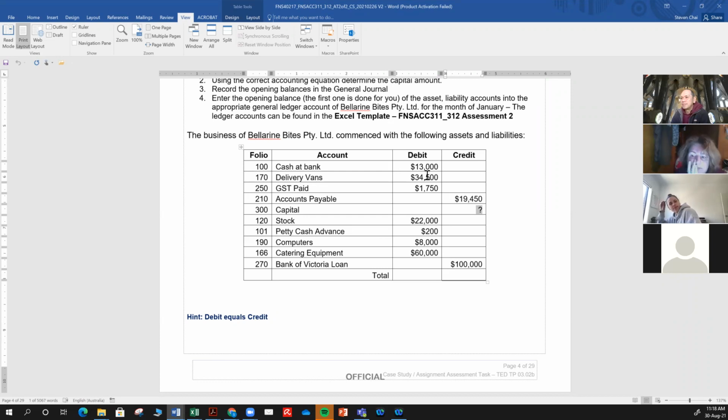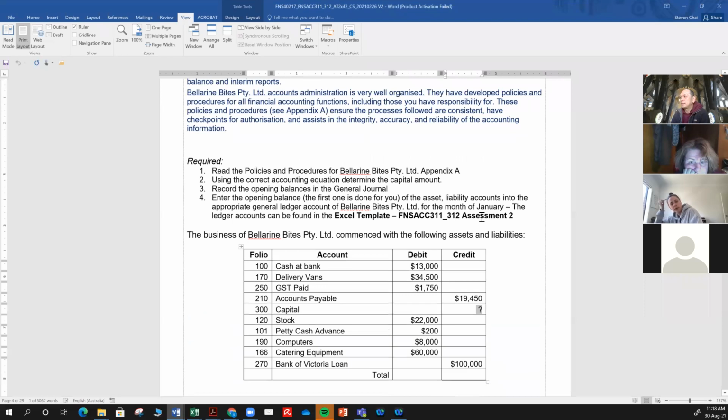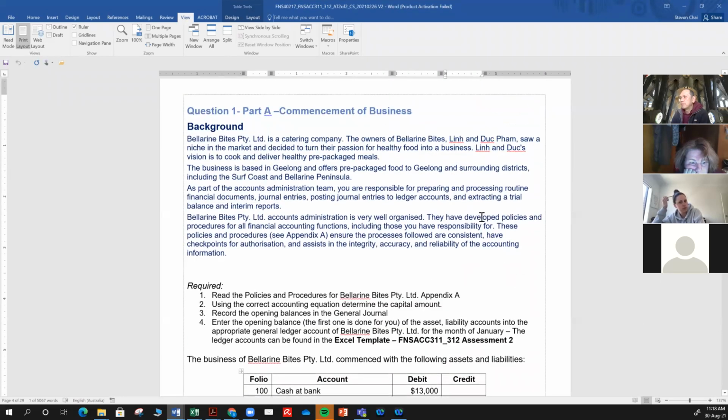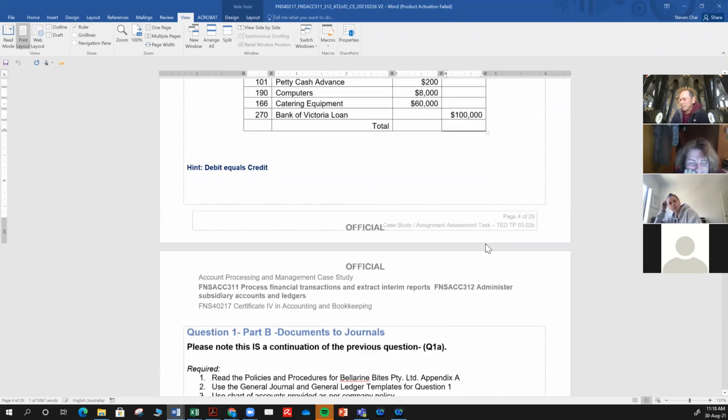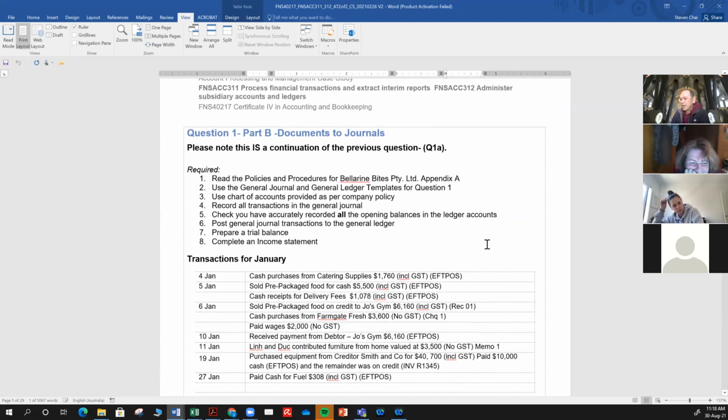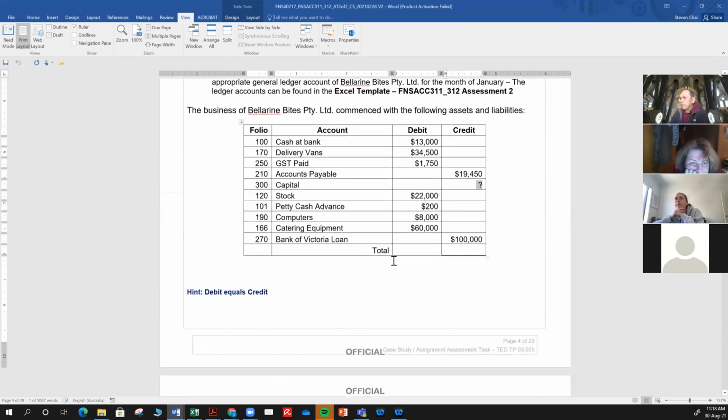Is the date the 1st of January for all of them? Yes, opening balances is always 1st of January. First thing you have to do, you have to figure out how much the capital is, and then slot all this correctly.